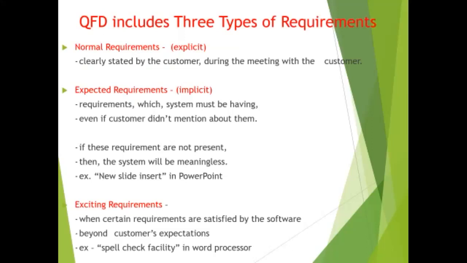In that, clearly stated by the customer during the meeting with the customer. Second, expected requirements, that means implicit requirements. In that, requirements which the system must have even if the customer didn't mention them.